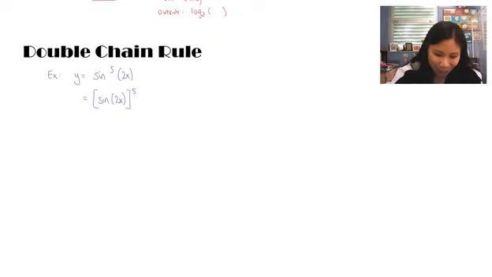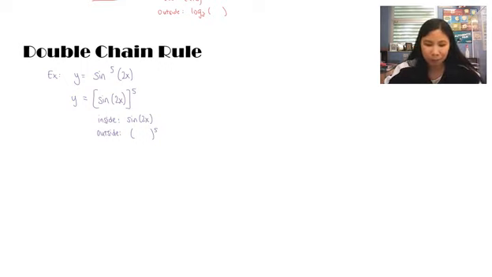Yeah, double chain rule. So I'm going to start with the first set of parentheses and label my outside inside. So the inside, with the square bracket parentheses, is sine of 2x, and so the outside would be all of that stuff raised to the 5th power.